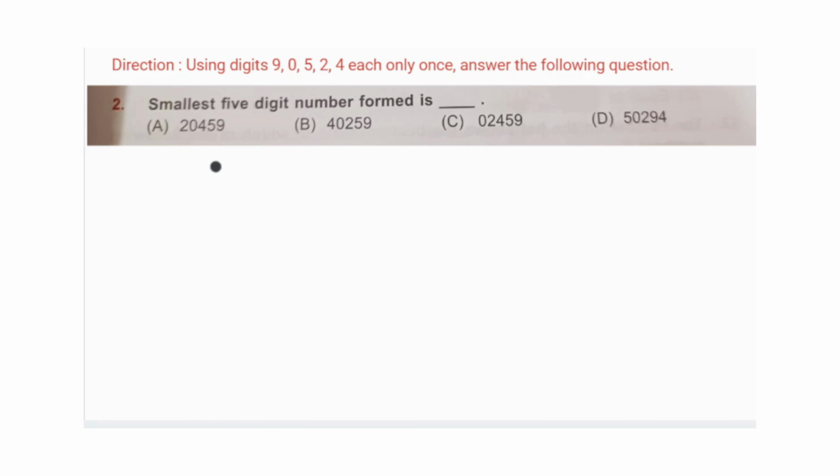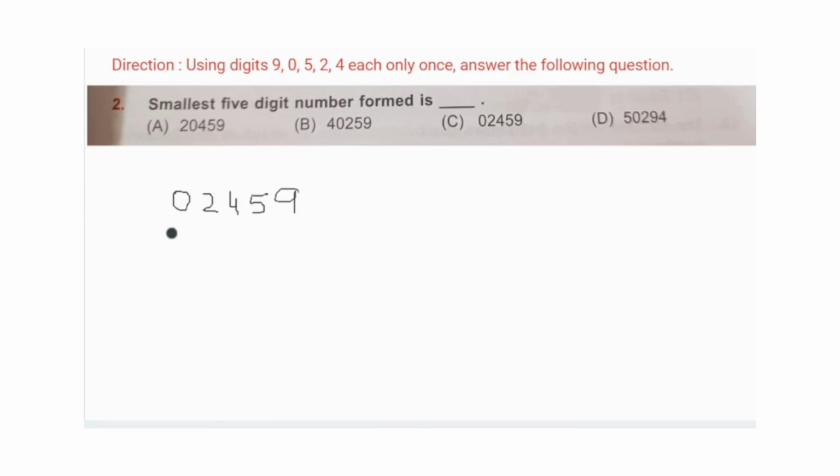Since it's the smallest number that we need to find, we need to write down the numbers 9, 0, 5, 2, 4 in ascending order. The smallest number being 0. Next, the next smallest number is 2, and then we have 4, and then we have 5, and finally we have 9.